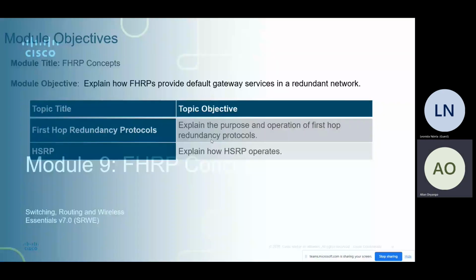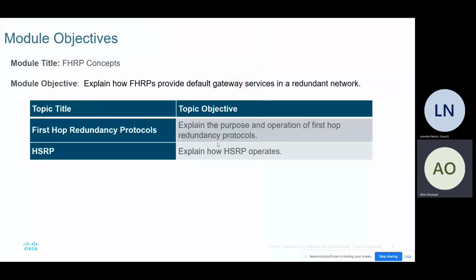And so for the first hop redundancy protocols, we're going to explain the purpose and the operations of these protocols, what they do, and how they are able to provide redundancy at the level of the default gateway.